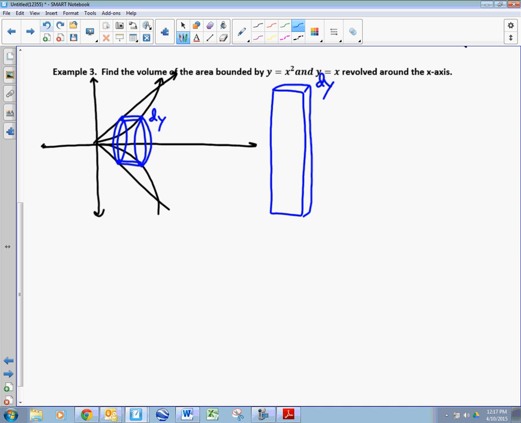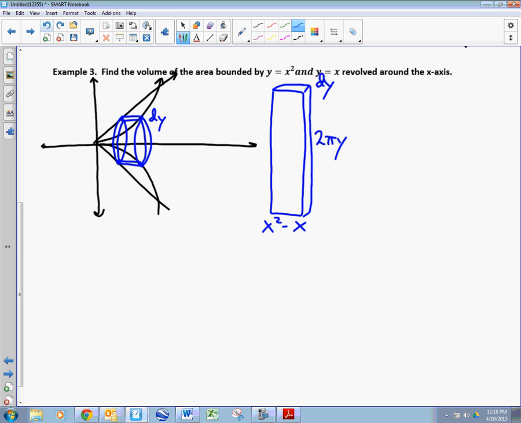What's my height? 2 pi y. And then my length across the bottom is the distance between these two. Distance between these two is that length, x squared minus x.